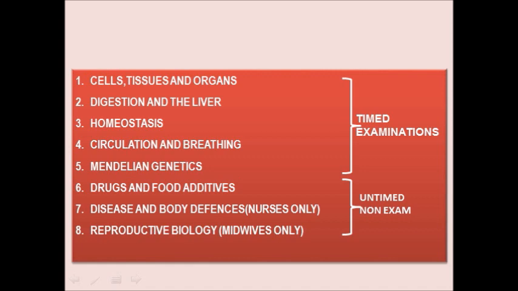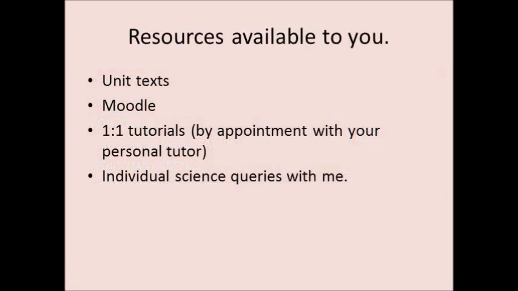The remaining 2 for each pathway, so drugs and food additives and either the disease and body defences unit for nurses or the reproductive biology unit for midwives, will be assessed in a rather more relaxed way by an untimed assessment, which may be online or it may be a paper-based assessment.